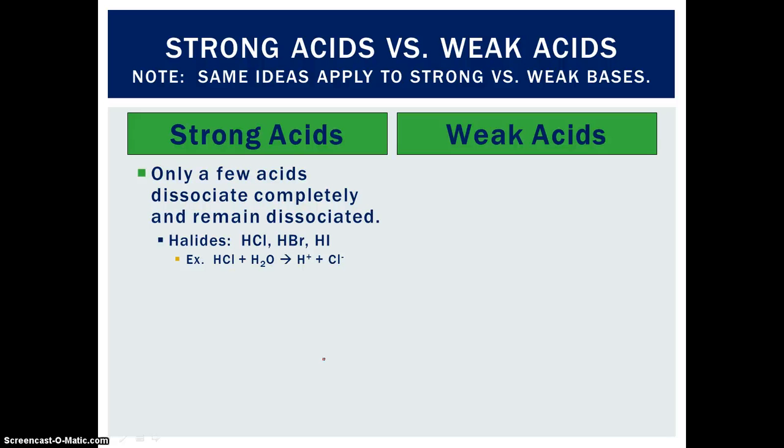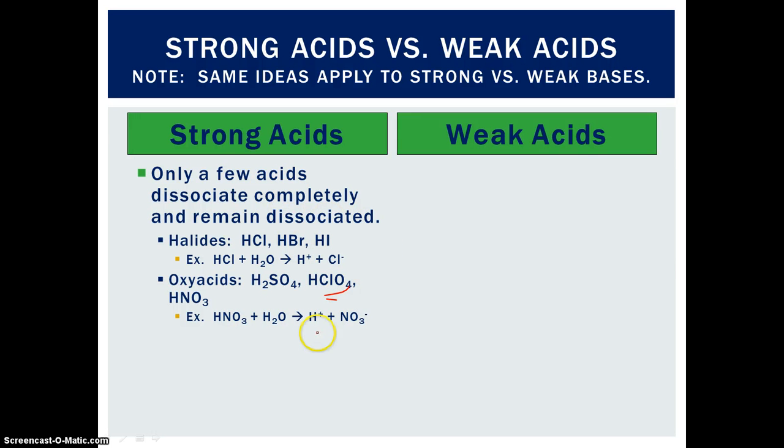So here's an example. If I add hydrochloric acid to water, it's going to dissociate completely into hydrogen ion and chlorine. A few other examples are our oxyacids: sulfuric acid, hypochloric acid, and nitric acid all form strong acids as well, so they completely dissociate.